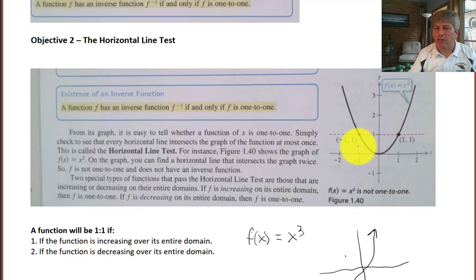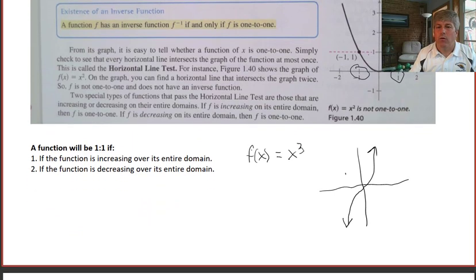When we draw a line through our graph, it hits the parabola in 2 different locations. We can see here with our parabola, -1 and 1 both result in an output of 1, so we have 2 different ways to get 1. So a quadratic, in this case, is not a one-to-one function.